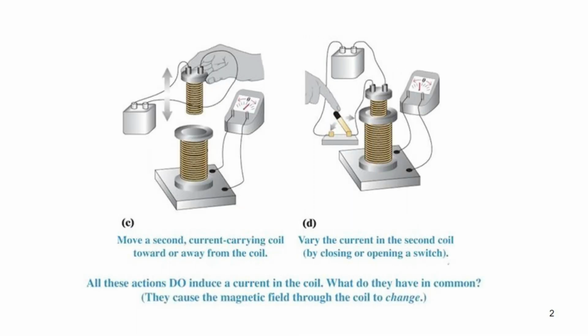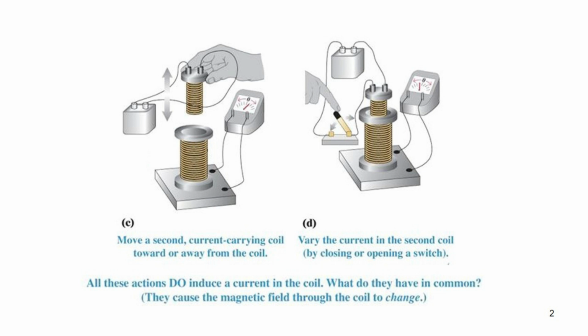Okay, figure C, we have a current carrying coil, meaning that the current carrying coil produces a magnetic field. So when we move the coil towards the coil connected to the ammeter, or move away from it, there will be a change in the magnetic field, so the current will be produced.